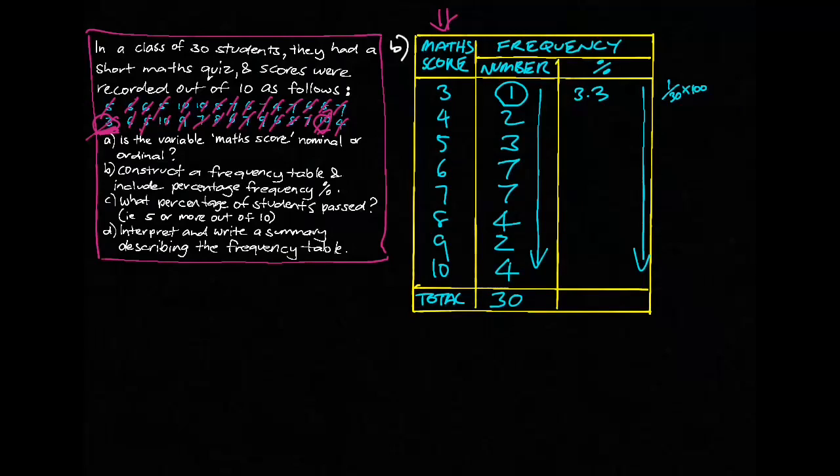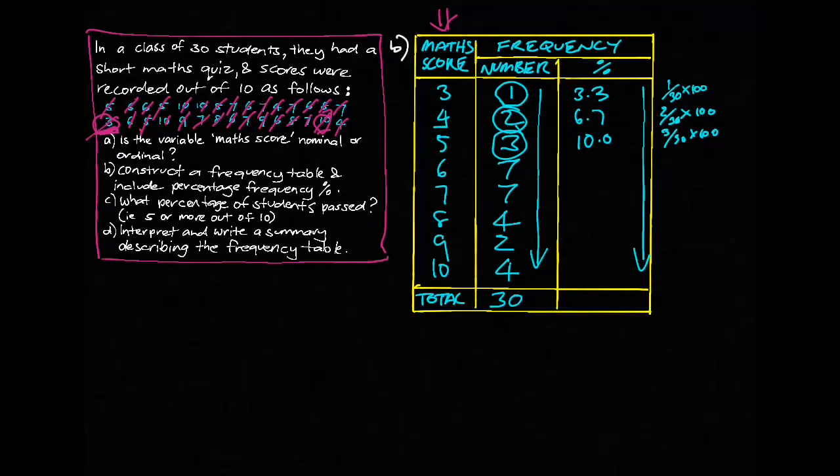Now let's look at the maths score of 4. 2 people got that score, so 2 out of 30, and then we turn it into a percentage by multiplying by 100, and that gives 6.7. Now looking at maths score 5, 3 people. So 3 people out of 30 times 100, and that gives 10.0.